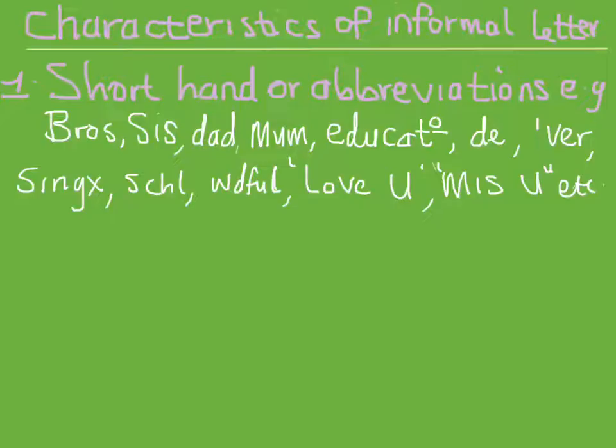Even the spelling of school is abbreviated. The spelling of you, as in love you, there too is abbreviated. And we'll see that this is very common with informal letters, since we are writing it to our friends and to people whom we are close and used to.